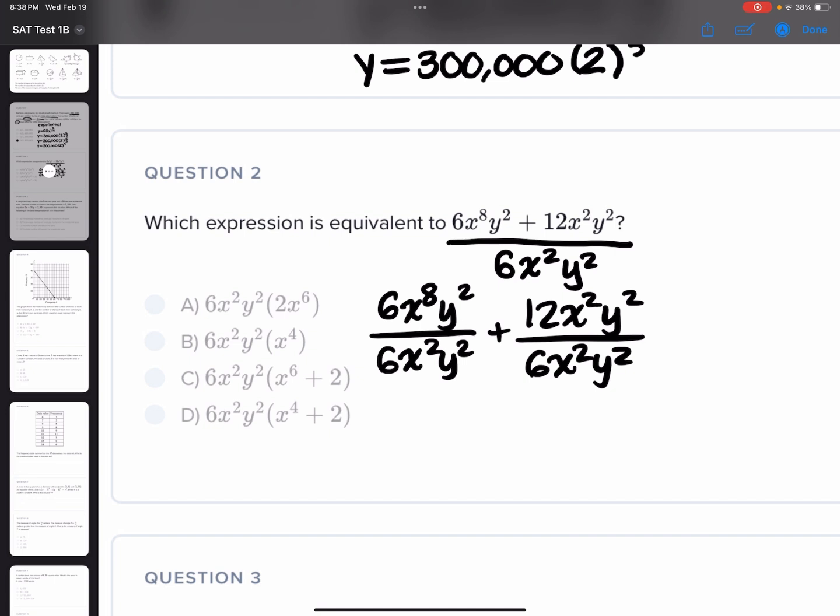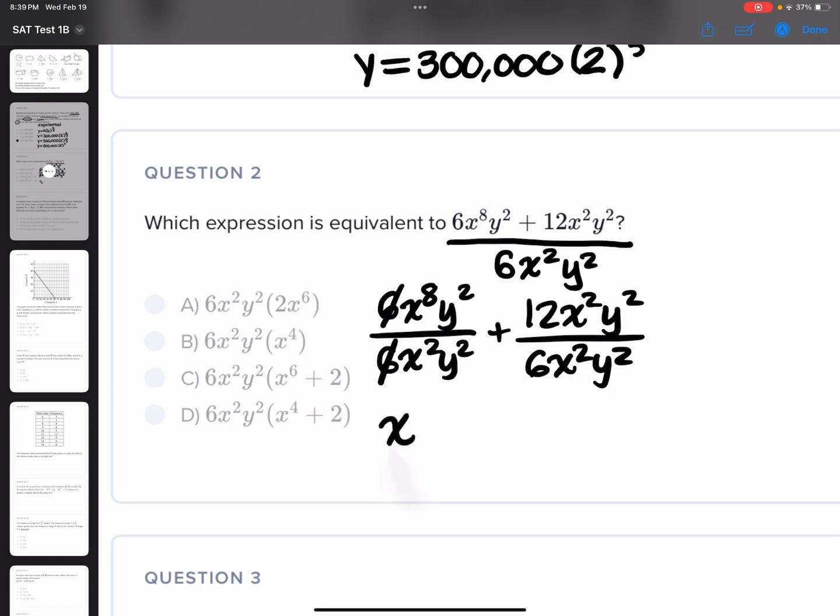So if we were to factor, we would get, first here, 6's cancel out. That would just be 1, okay? X to the 8th divided by x to the 2nd. And remember our rule, we would just subtract those values, right? If we divide x to the 8th by x to the 2nd, we would just subtract the exponents.